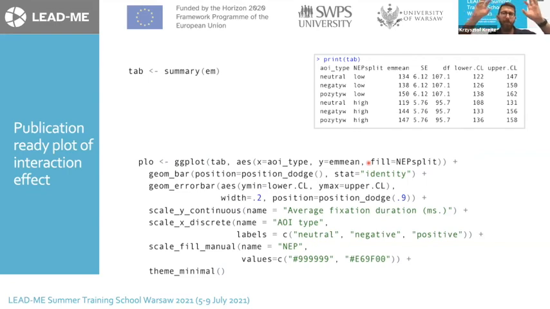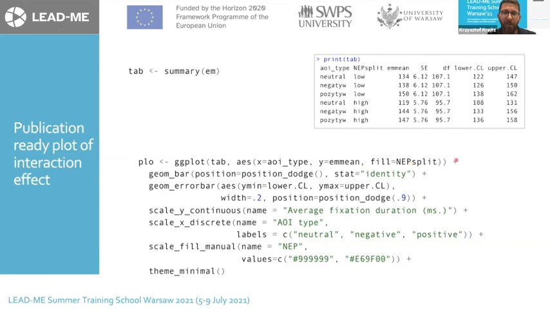So first, I create the general aesthetics of this graph. I'm going to use tab as data for the graph. On X, I'm going to put AOI type. On Y, I'm going to put these EM mean values. And I'm going to use the NEP split column for different colors of bars.